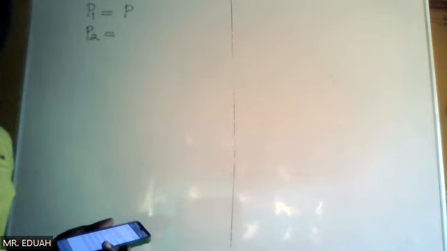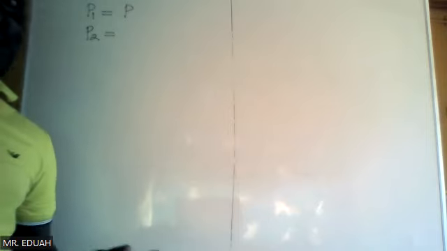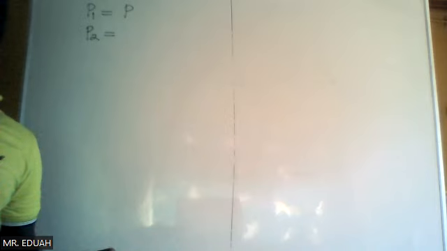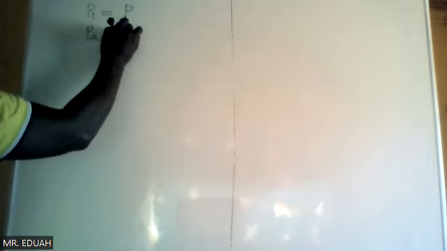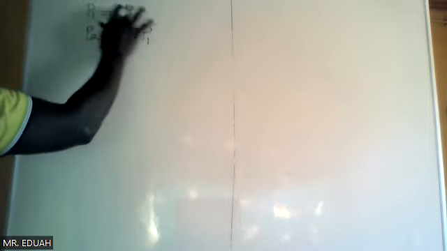If the momentum is increased by 50%, what will be the new momentum in terms of percentage? Yes, please, 150%. Good. So this will be 150% of P, and 150% is 1.5 of the initial momentum P1. So the new momentum will be 1.5 or 150% of P1.